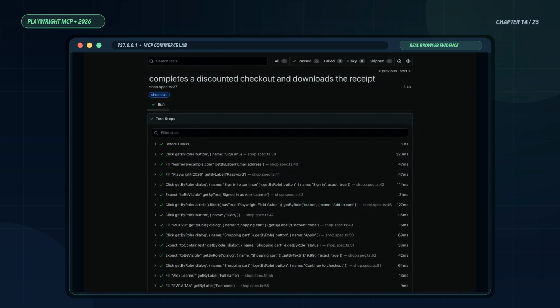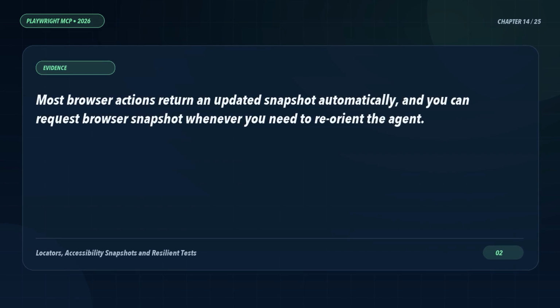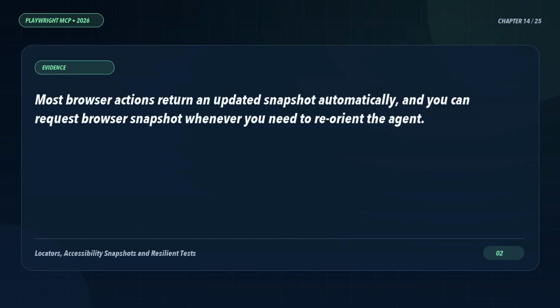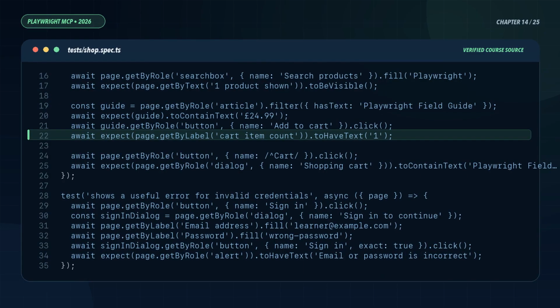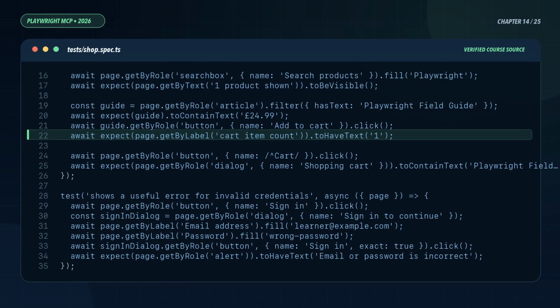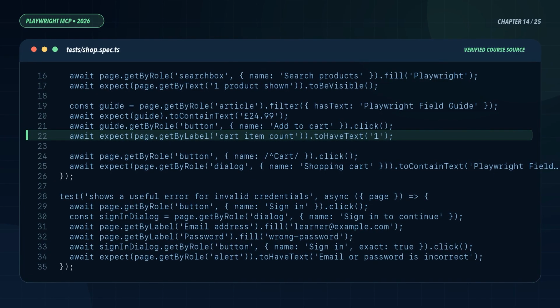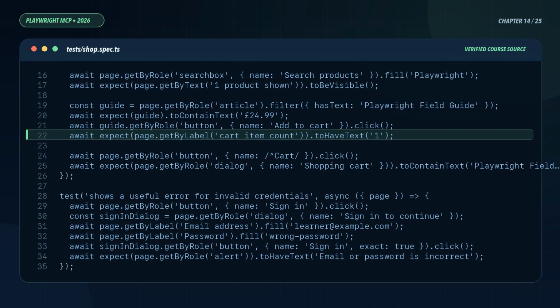Navigation or a DOM update can produce a fresh snapshot and new references, so never paste MCP refs into a committed test. Most browser actions return an updated snapshot automatically, and you can request browser snapshot whenever you need to reorient the agent. Test code uses locators that resolve against the live page whenever an action or assertion runs.